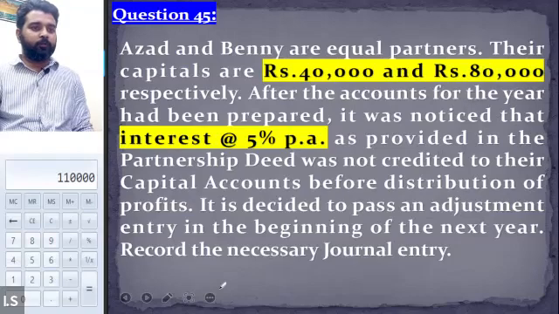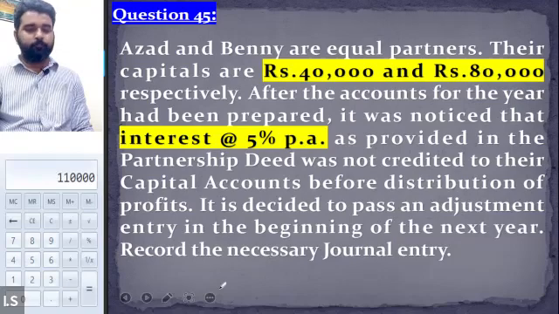How much is the value of the profit that is already credited to the partners? 3,000 each. Yes. So that means who will have to return the excess amount?